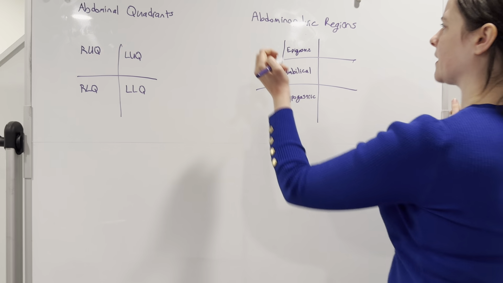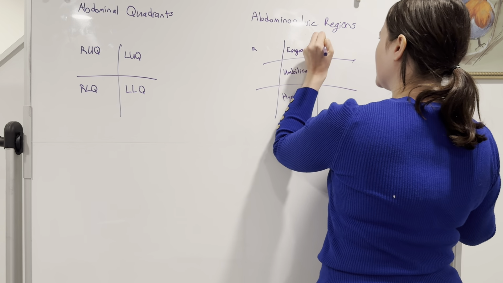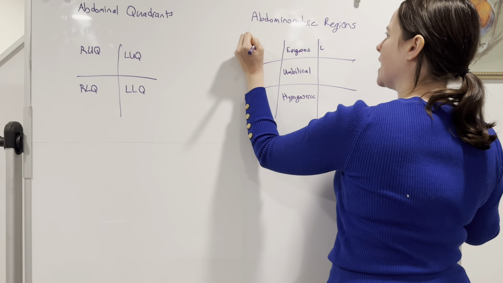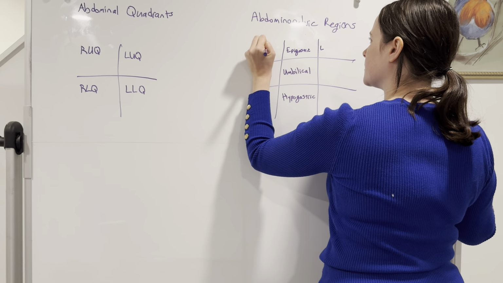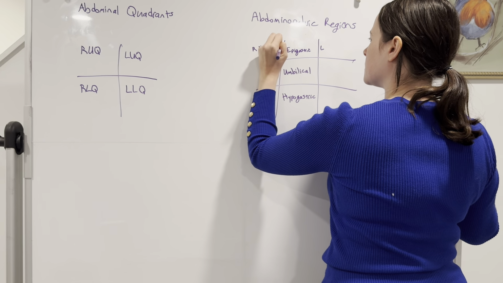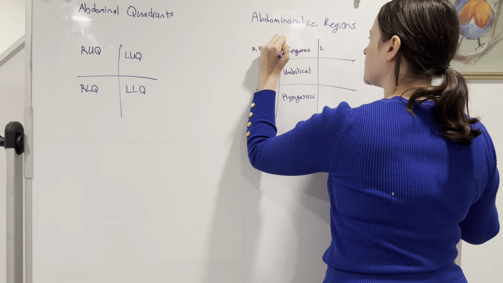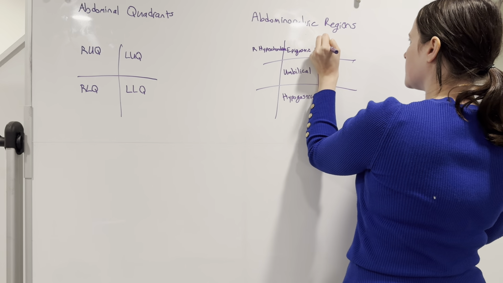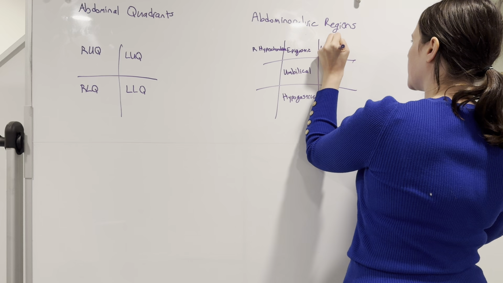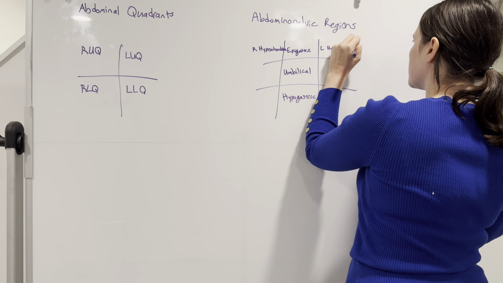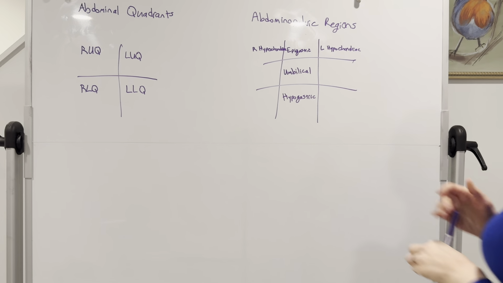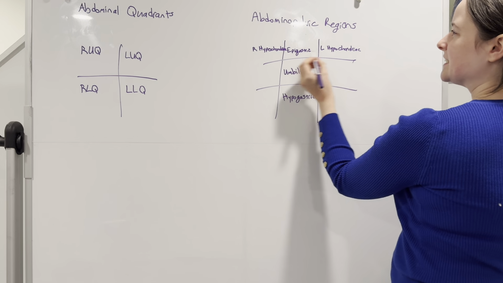On the top left and right, we have the right and left hypochondriac region. Hypochondriac. Hypo again means underneath.